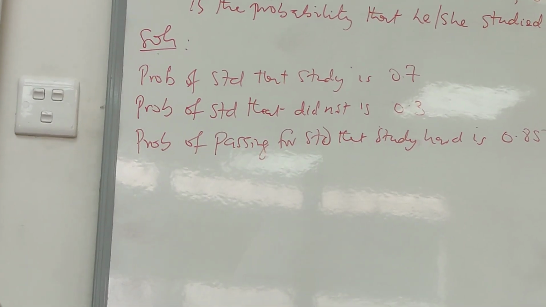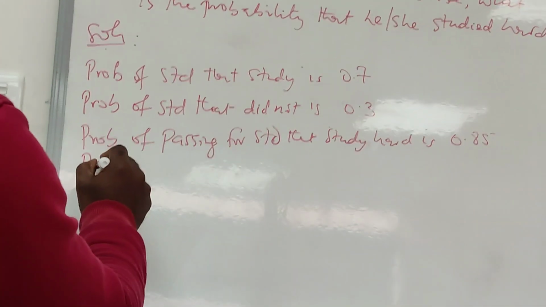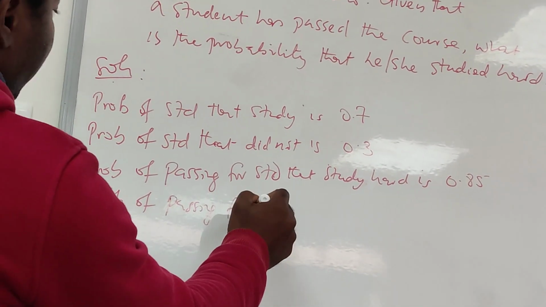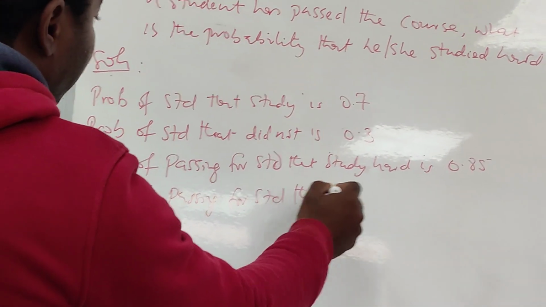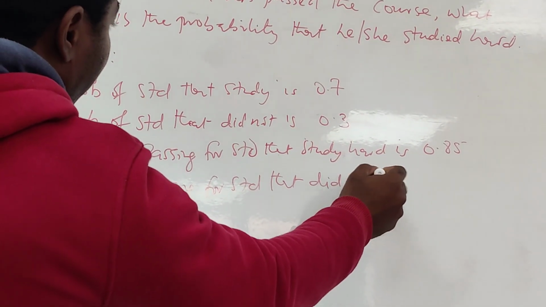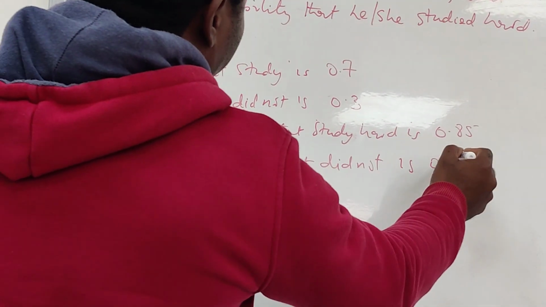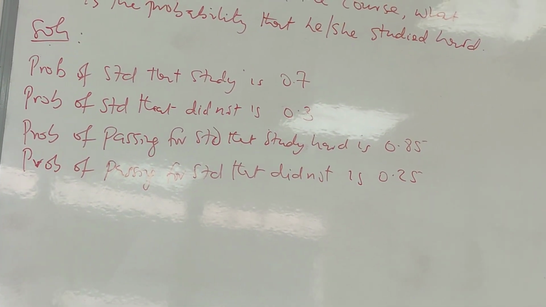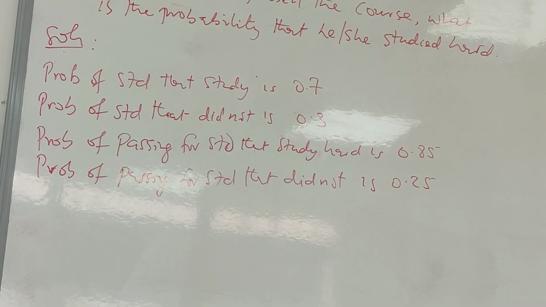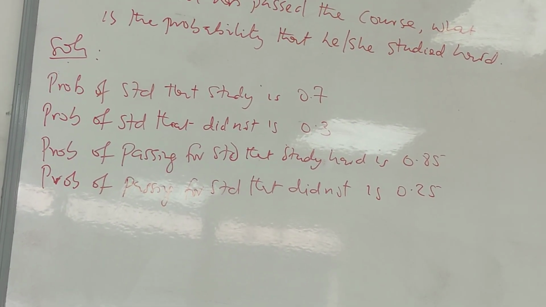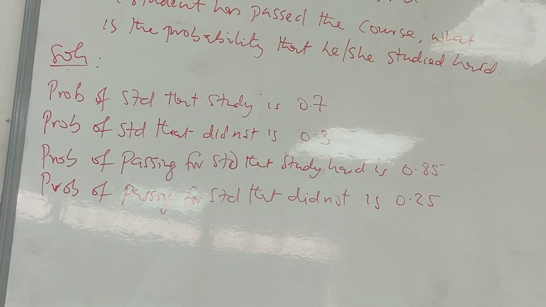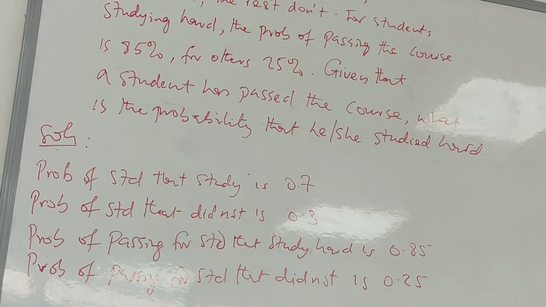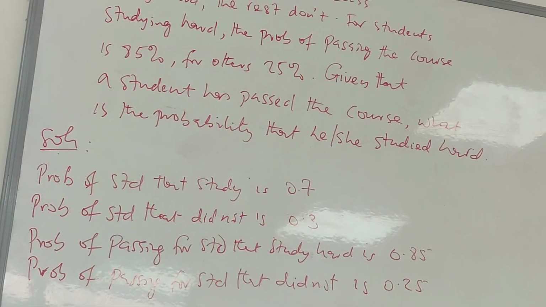And for others, probability of passing for students that did not is 0.25. Sorry, given that a student has passed the course, what is the probability that he or she studied hard?